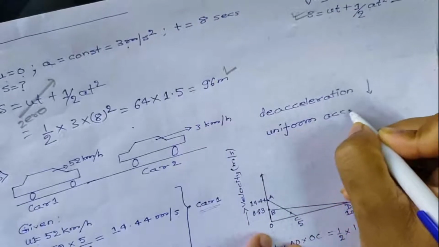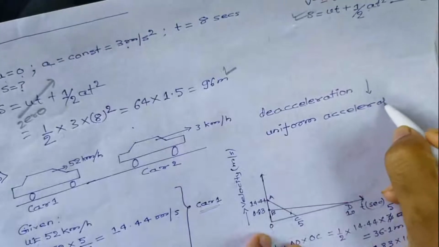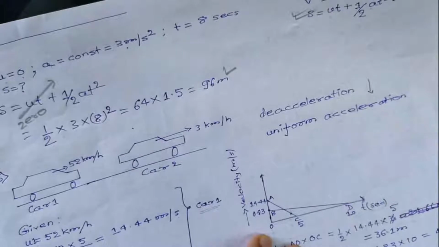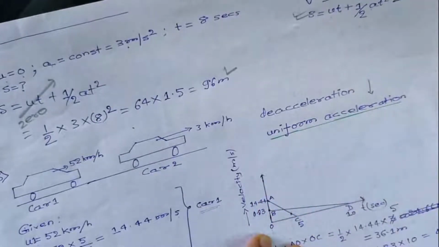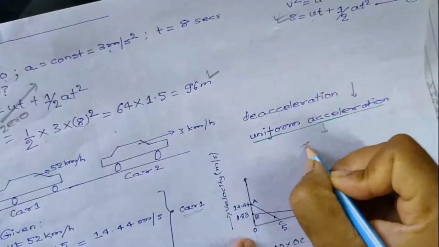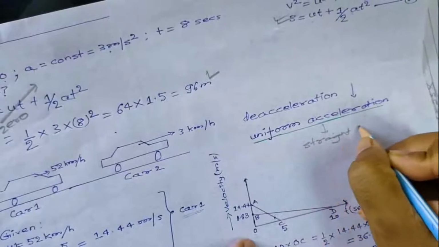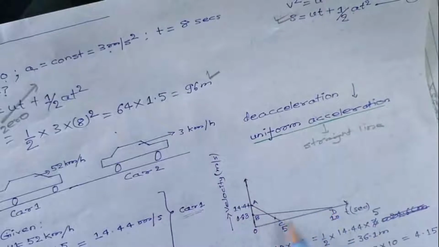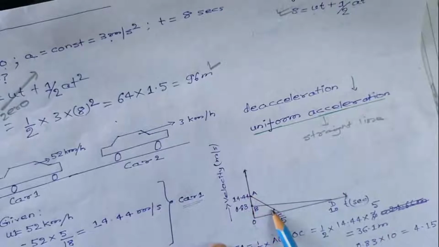This is a catch which is hidden in the problem, that we have to keep in our mind. Uniform acceleration is a keyword. That means what is the shape of the graph? It will be a straight line. The shape of the graph will be a straight line. We have all the points available, so we can directly join them and make a straight line.